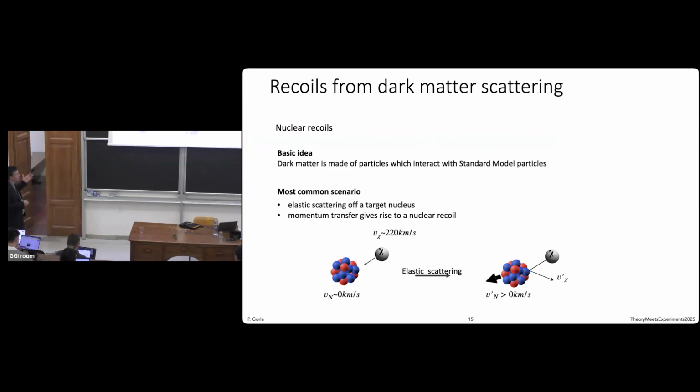Okay, this you heard a lot, so I will not go into the details. We are basically mostly looking at scattering over nuclei. Scattering over electrons is also a good channel to detect lighter dark matter particles. But most of what you will hear about direct dark matter experiments is scattering of dark matter particles over nuclei, with the velocity in the galaxy.